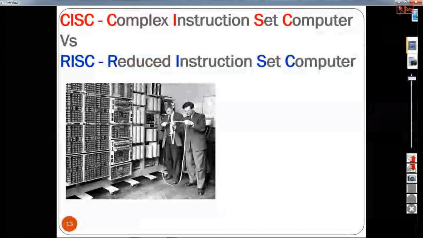Some mid-range devices are 16CX, 7X, and 16F87X. So this is what is there in your syllabus. Here, C stands for the chip memory being EEPROM.